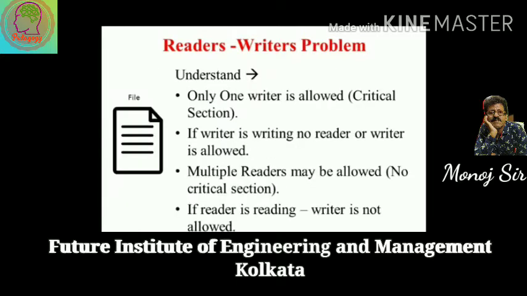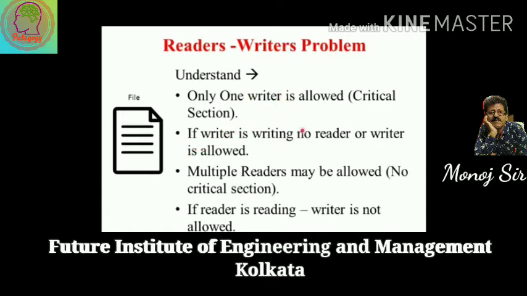Now, how is process synchronization implemented in this? First, we have to understand that only one writer is allowed in the critical section. If a writer is writing, no reader or writer is allowed. Multiple readers may be allowed, but no writer in the critical section.